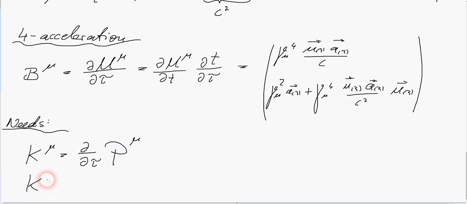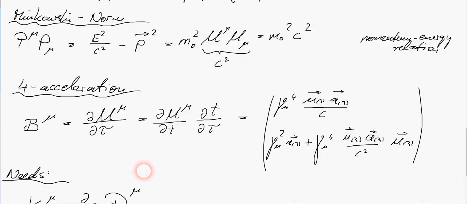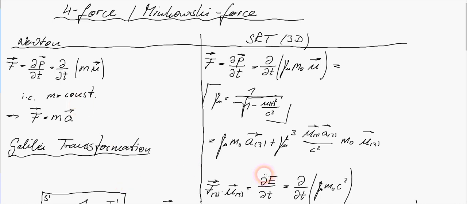On the other hand, we also want K^μ to equal the rest mass times the 4-acceleration. This should hold true, and also all that we have done in our repetition of the 3-dimensional formulation of special relativity, so that the spatial component f equals the time derivative of the relativistic linear momentum.